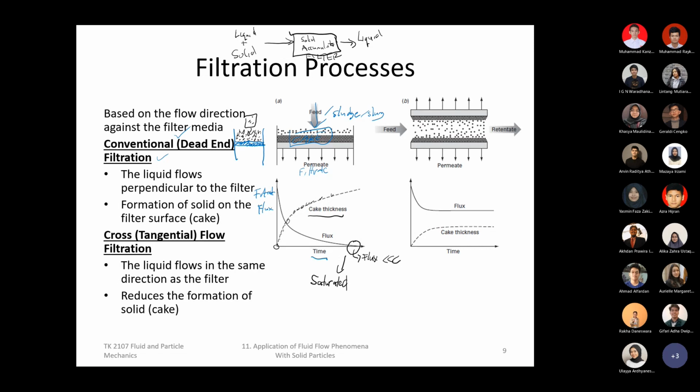It's already saturated, or it needs some regeneration, or a backflush. But you have to imagine that in this kind of configuration, when you want to regenerate, clean the filter, or backflush the system, you actually have to stop the production. You need to stop the flow of the feed.